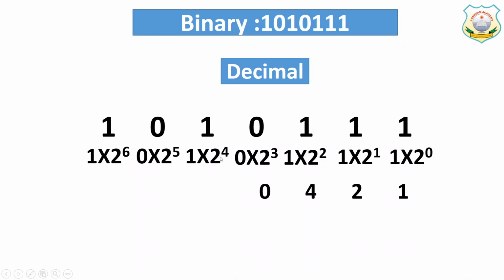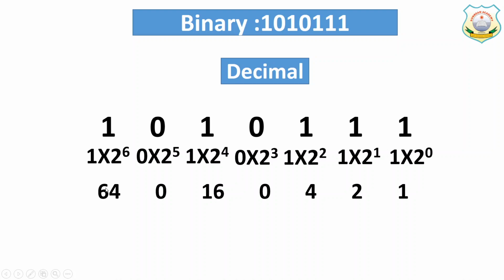And this is 2 raised to 4, so 2 2s are 4, 4 2s are 8, 8 2s are 16, and it's into 1, so I'm going to have 16 out here for this. This is anyway 0, and this, that is 2 raised to 6, so 2 2s are 4, 4 2s are 8, 8 2s are 16, 16 2s are 32, and 32 into 2 is 64. Okay, that's the value we are going to get.